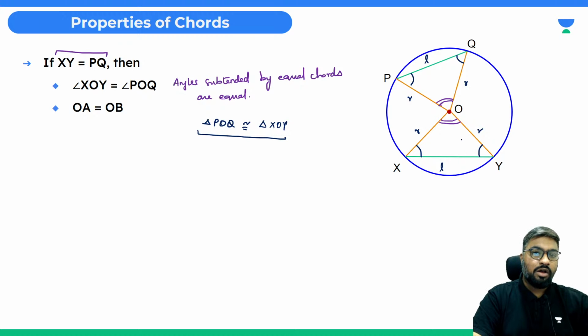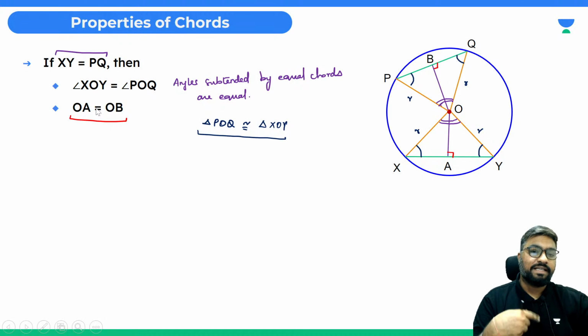Also, the perpendicular distance of these chords from the center will be equal. This is the perpendicular distance, OA, OB. They will also be equal. And this works vice versa also.